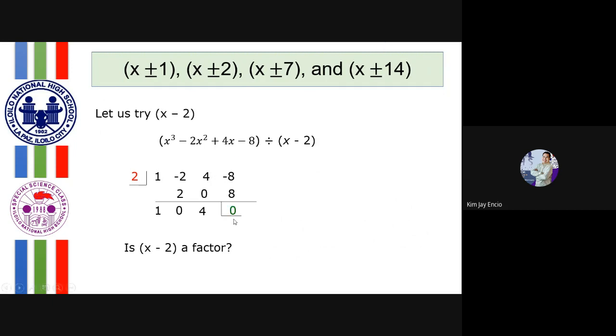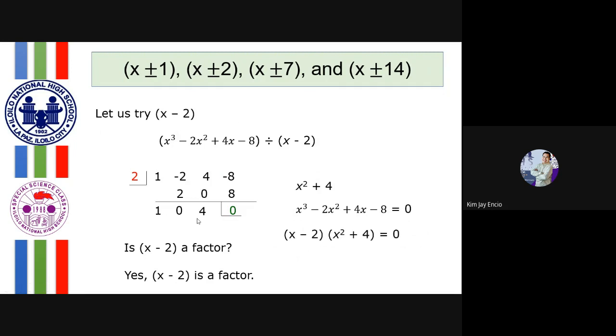Because the remainder is 0, the answer is, of course, yes. Using this result, this is degree 3 and degree 1, so 3 minus 1 is 2. So this should be quadratic. In fact, this is x squared plus 0x plus 4. But again, it's just 0.